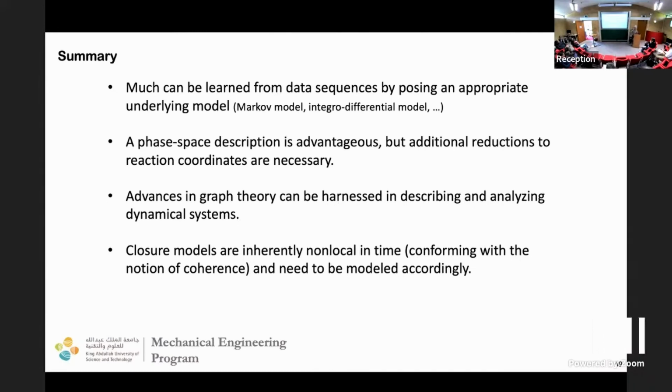So coherence in space with the Taylor hypothesis translates into coherence in time, and that makes it linked. Having a non-locality in time is definitely very natural, but it needs to be modeled accordingly. And if you do so, you do much better.